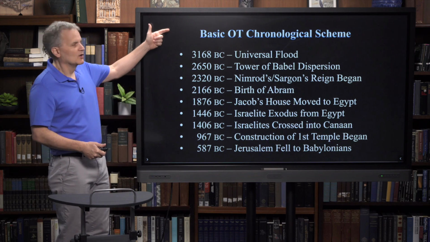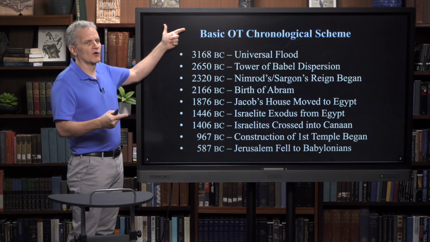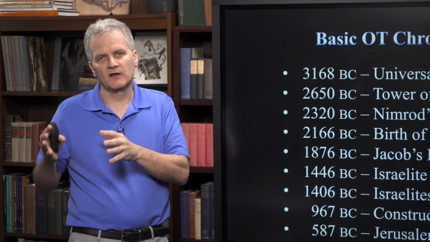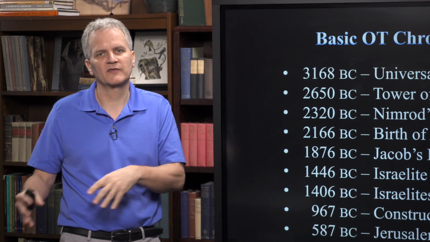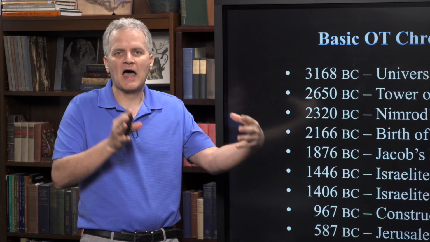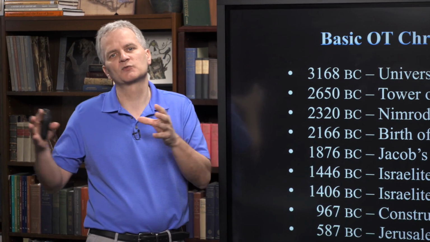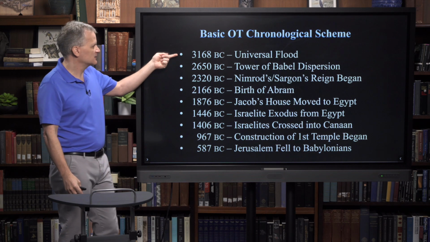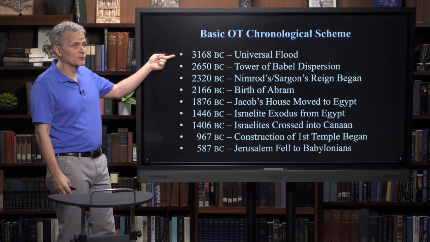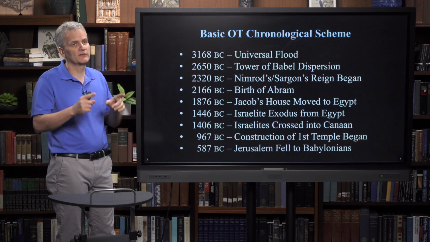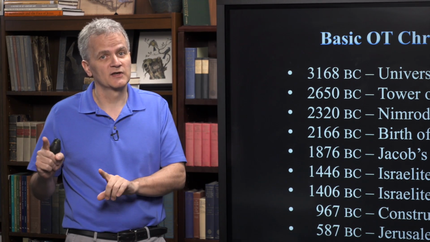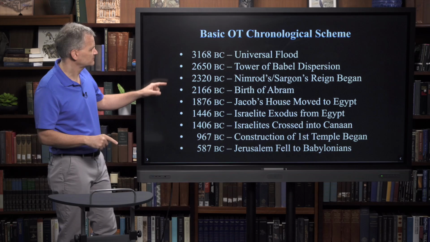First of all, we want to start with an Old Testament archaeological scheme. That's the result of the conclusions that are drawn that help understand how the biblical history and chronology fits with the ancient Near Eastern history and chronology. So about 3168 is the year for the flood. We can be confident about that, especially with a proper understanding of the textual variants in Genesis 11.